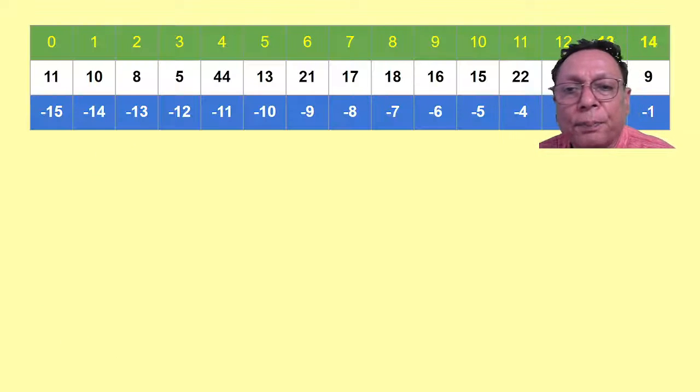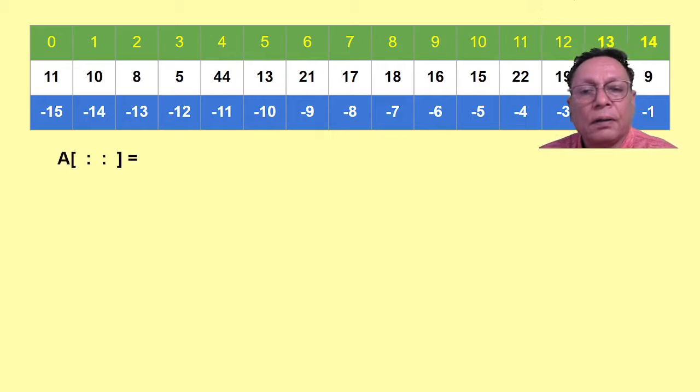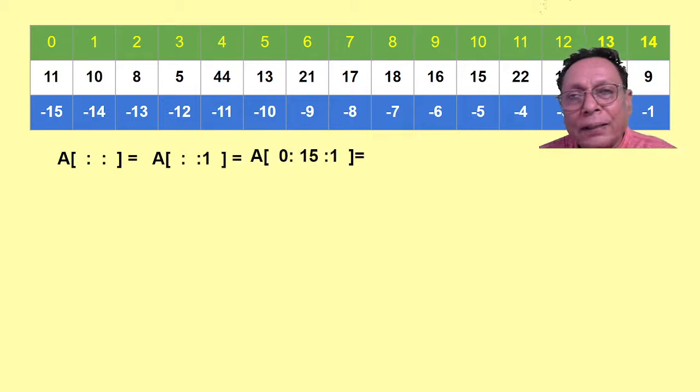Another example. So this is the list again, and we have omitted everything. There is no start, no stop, and no step. In this case, what will happen? When there is no gap, no step, Python takes one as the default step.